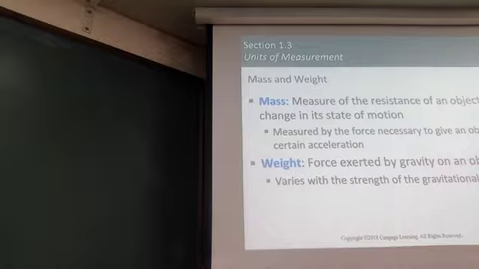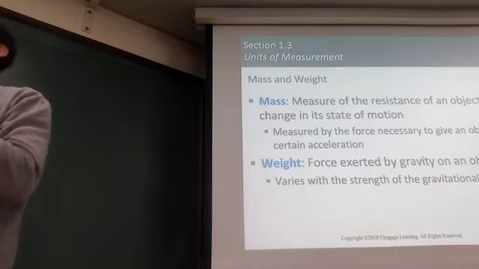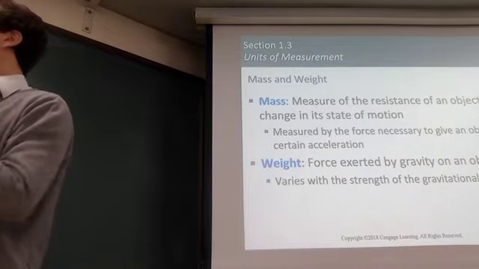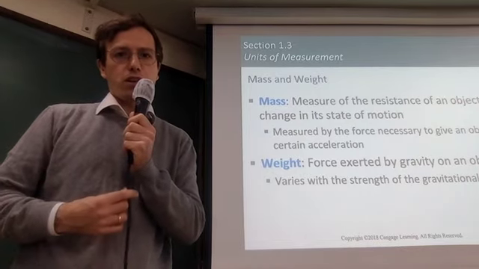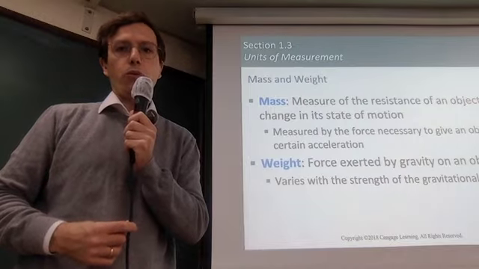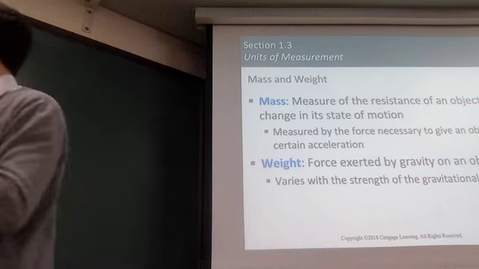And we can measure it by the force necessary to accelerate. If I know the force that holds me down, that prevents me from accelerating into the sky, then I can convert this into the mass because I know the acceleration. And then the weight, however, is the force exerted by the gravity on the object.